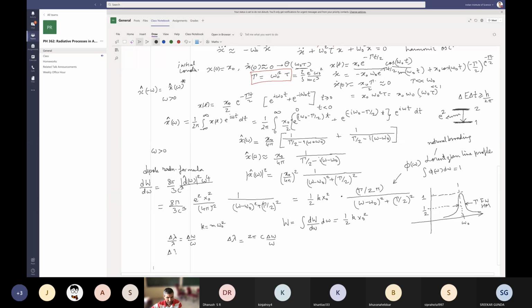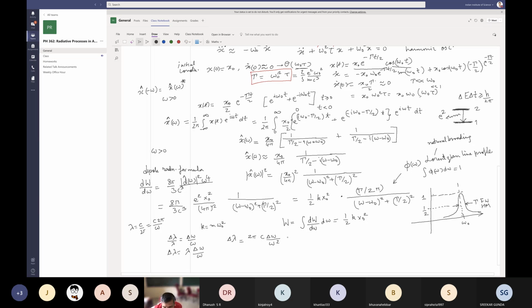So delta lambda equals lambda delta omega by omega. Sorry, delta omega squared, right, that's what I was wondering. So this is delta omega, and what is lambda? Lambda equals c by nu, and nu is omega by 2 pi, right? So this is what you get.